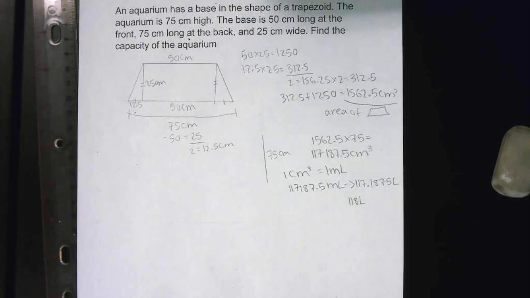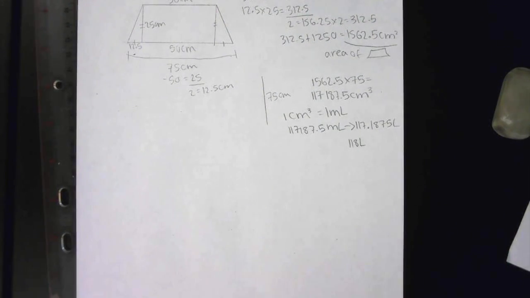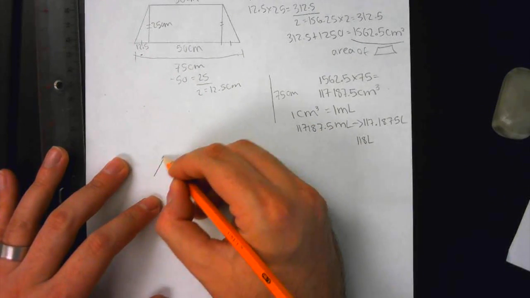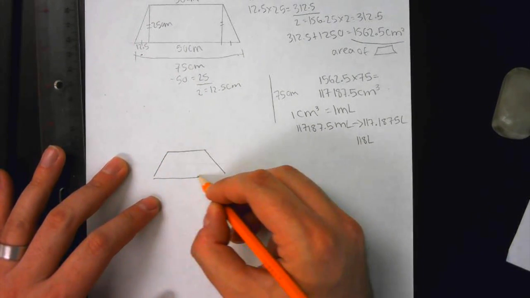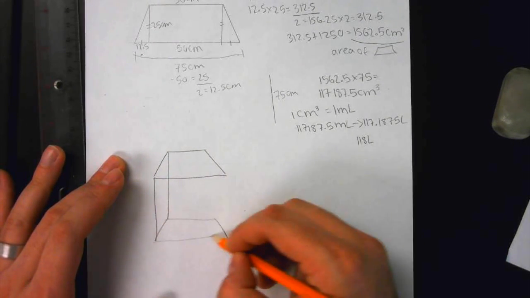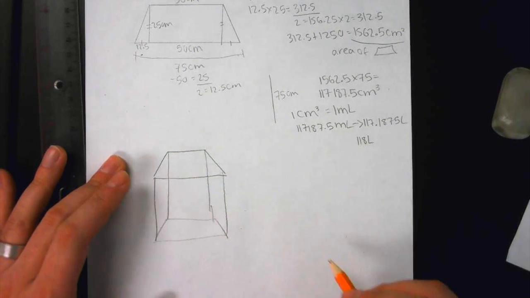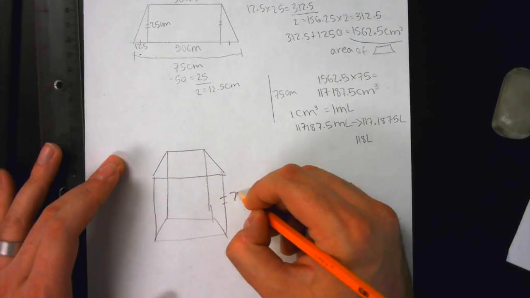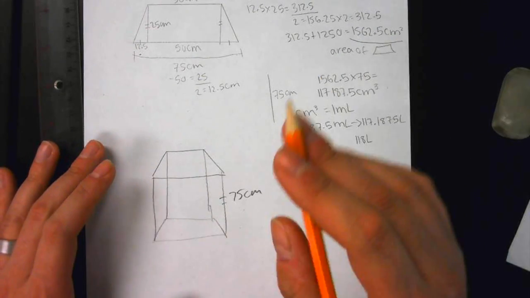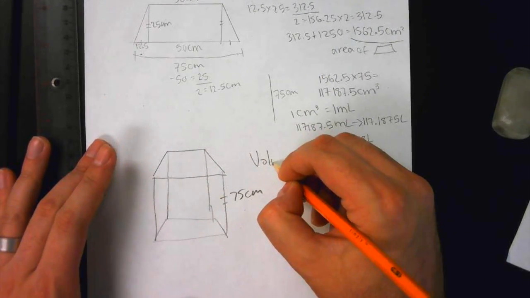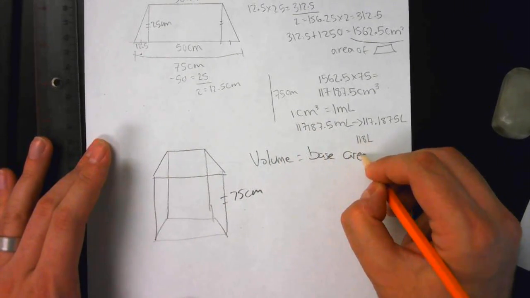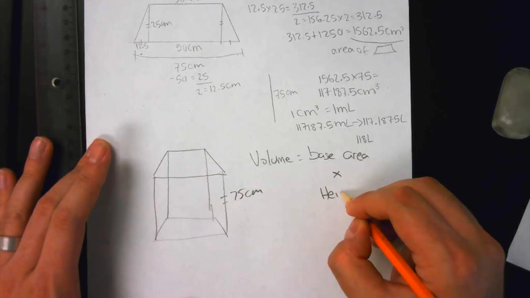Done? Yeah. Okay. So remember the 75 is just, and I'm going to do a rough sketch here, it simply means this part here, correct? So this part here is 75 centimeters. So basically the ultimate final learning is volume equals base area times height.